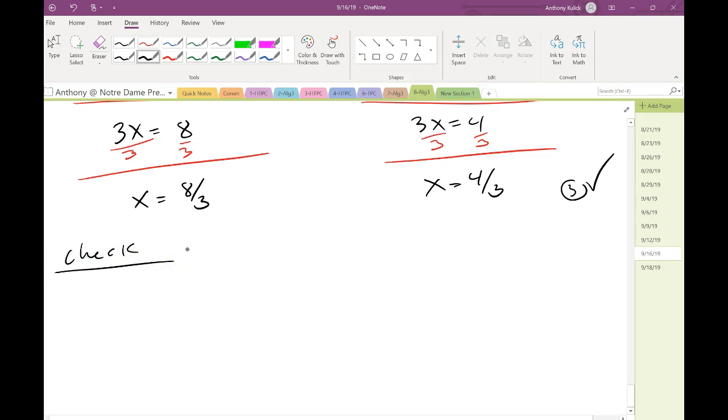The last step now is to check. So when I'm checking, I'm going to be plugging in my answers into the original equation.